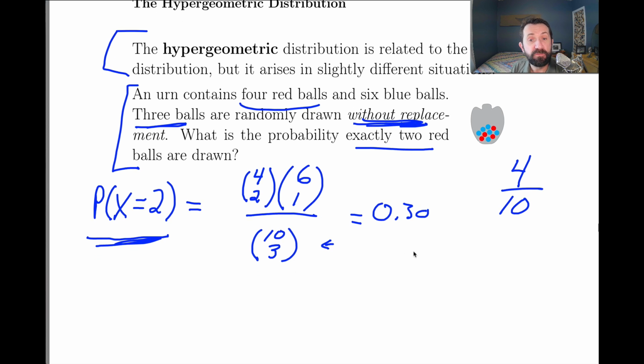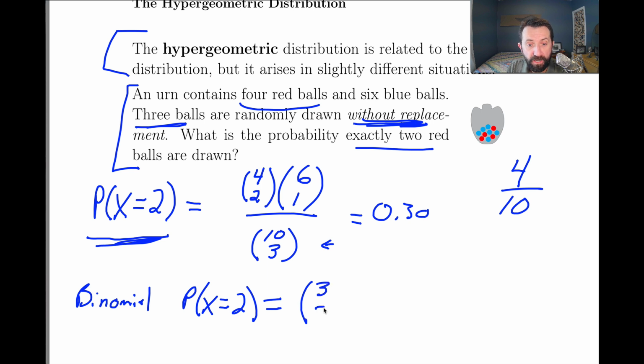Now, had the drawing been done with replacement, then it's a binomial setting. And if we want the probability that X takes on the value 2, well, what are we doing? We're drawing 3 balls. We want to know the probability of getting 2 successes in those 3 draws.